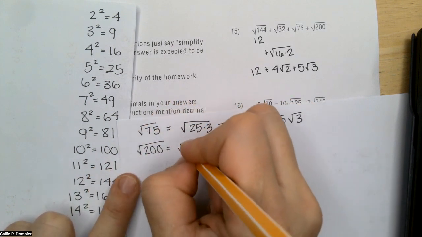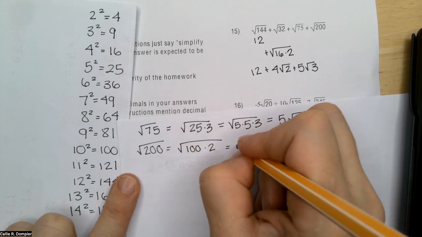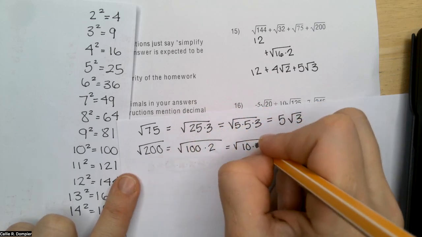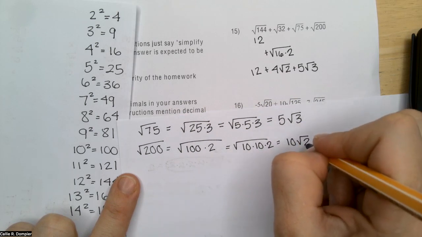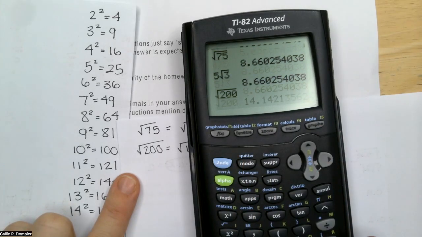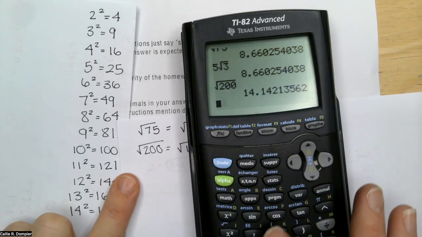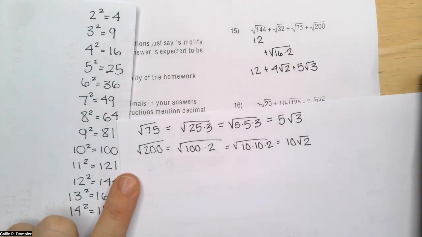Sorry, the square root of 200 is the square root of 100 times 2, which is 10 times 10 times 2, which is 10 square root 2. We can check it. Square root of 200, 10 square root 2. Same number.